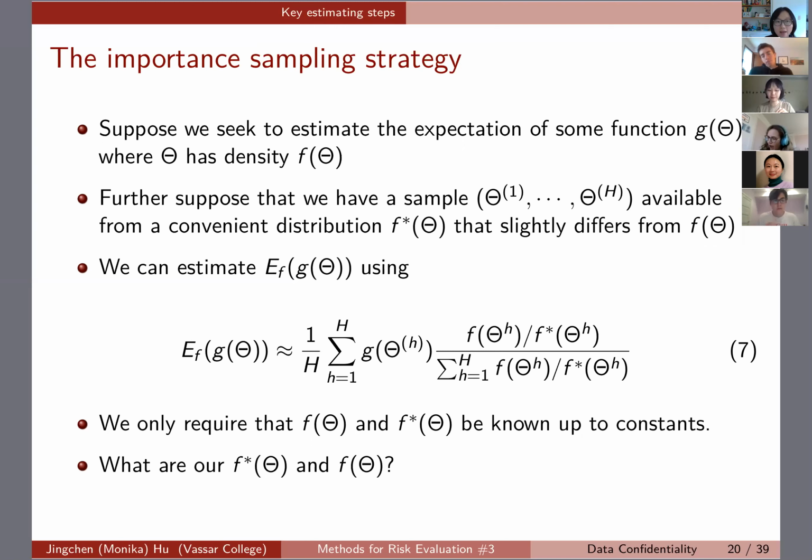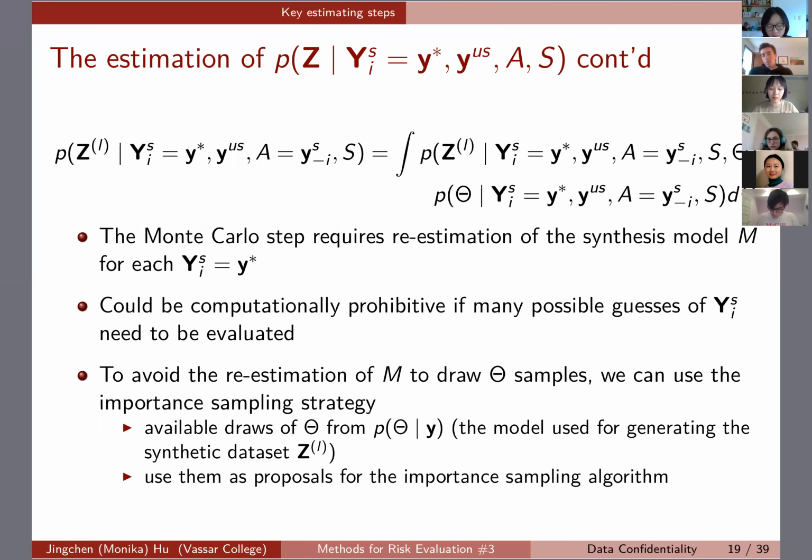Then we have our F star, which is the convenient distribution, theta given y. And we're going to have our F be theta given y, but replaced with the guess. That's the one that we don't know. It's hard to estimate, but it's very close to the F star theta, so we're using that over there. And then the last piece, the piece that I was circling earlier, will become our G. That's the G theta that we're trying to estimate, because at the end of the day, we want the left-hand side, right?